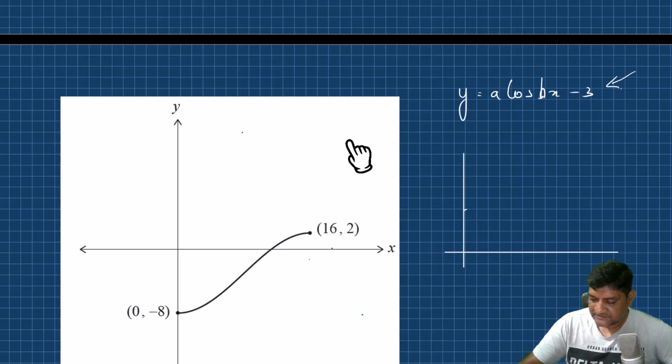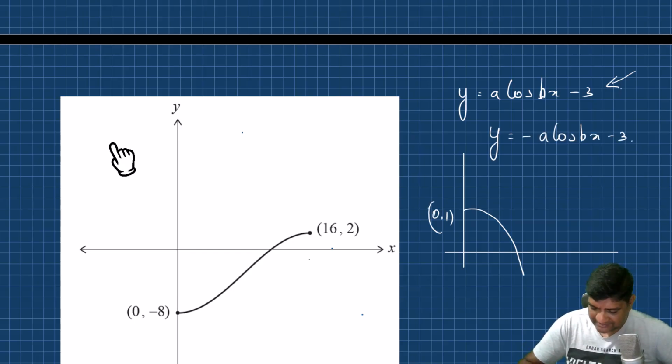This is 0, 1, this point, and then it goes down. However, this is starting from a negative y-axis, and therefore the function will have a negative of a cos bx minus 3.